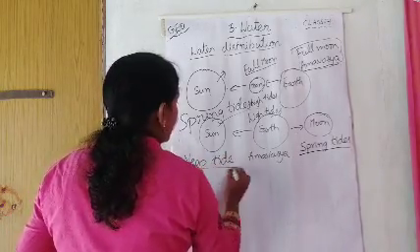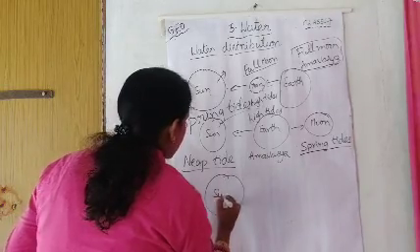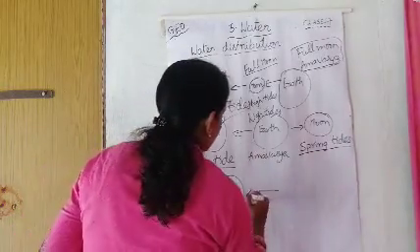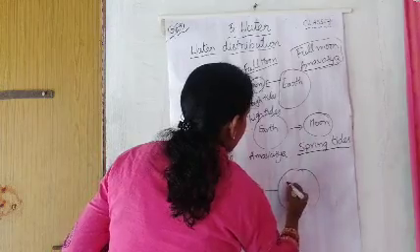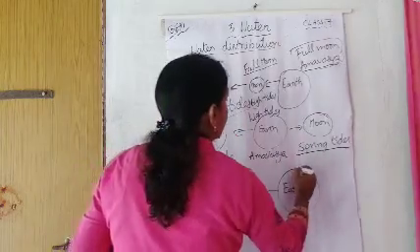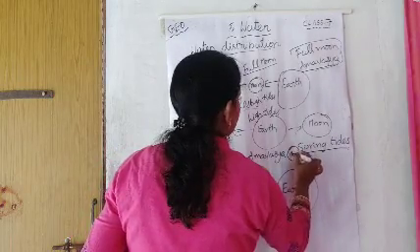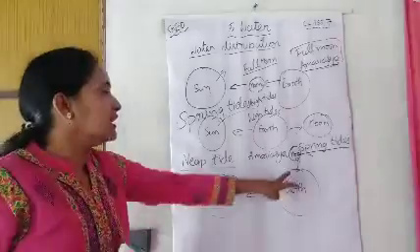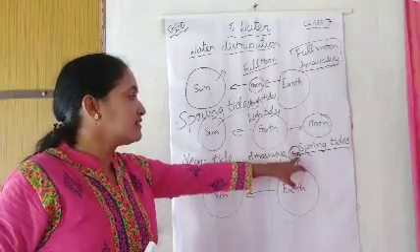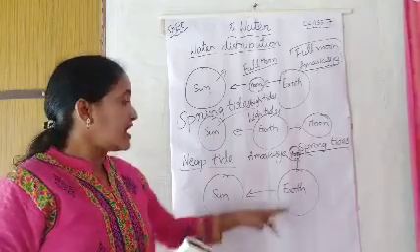Neap tide, see the position of the sun. This is the sun and here this is the earth and the moon is here in the first quarter. The moon is in its first and last quarter.